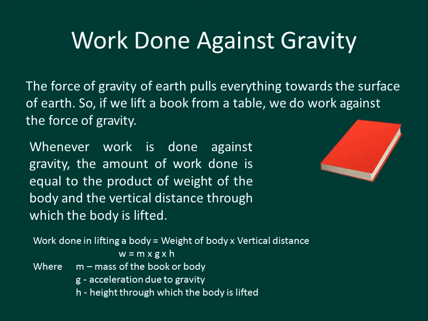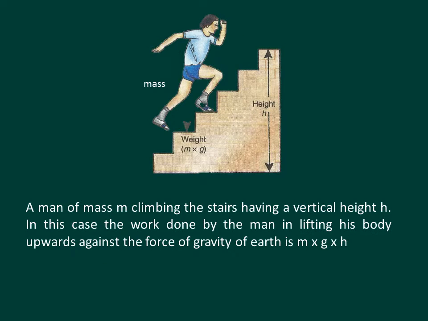Now this formula, W equal to mgh, we will use to calculate the work done in all those cases where the object is being lifted upward against the force of gravity. On the screen, a man of mass m is climbing a stair having a vertical height h. In this case, the work done by the man in lifting his body upward against the force of gravity of Earth is mgh.